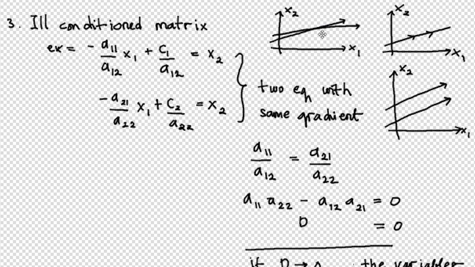So what is an ill condition matrix? Suppose you have these two equations. You do this in the unknown variable elimination.